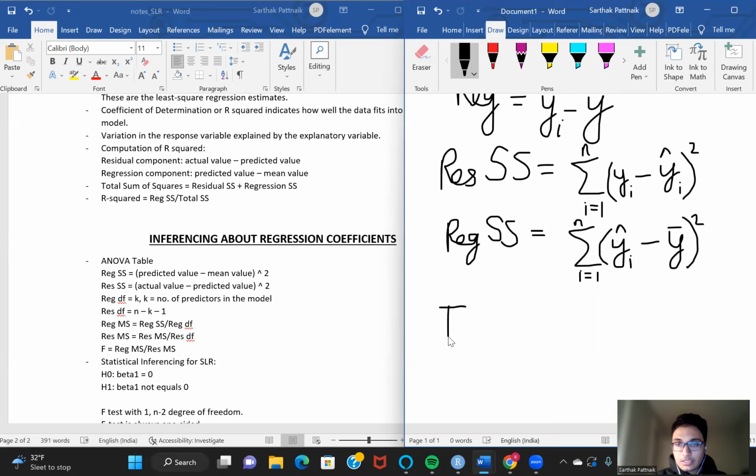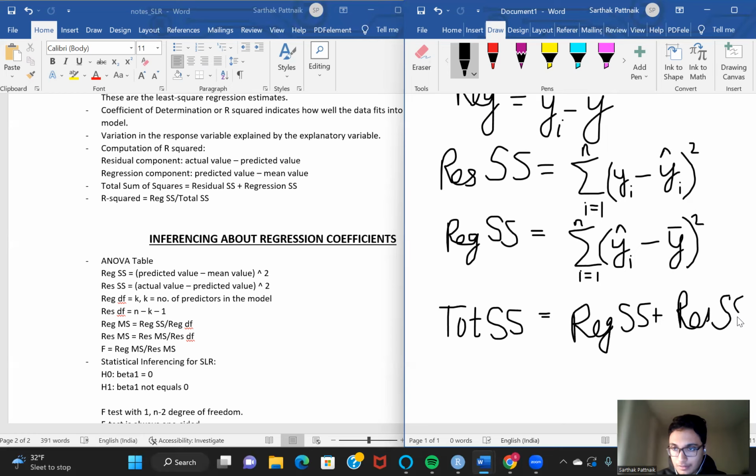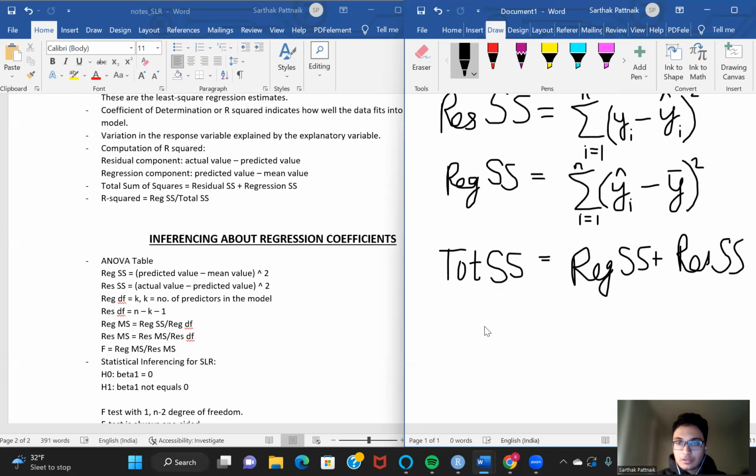Now my total sum of squares will be given by regression sum of squares plus residual sum of squares. So if I have to write it in equation form, let me write it down properly.